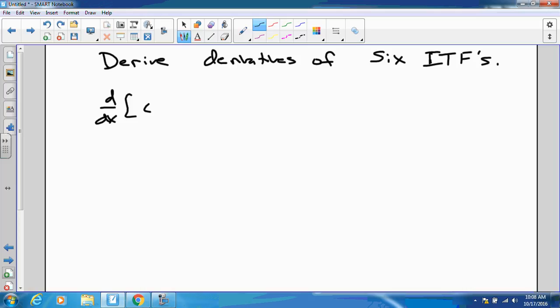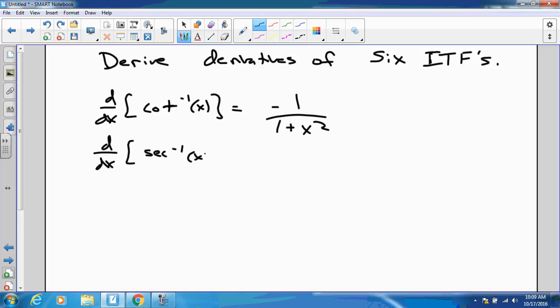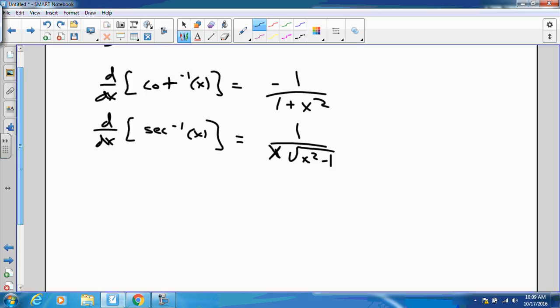I'll just go ahead and give you ahead of time your results. The derivative of inverse cotangent should turn out to be the opposite of the derivative of inverse tangent. And the derivative of inverse secant, you should get this when you do it.